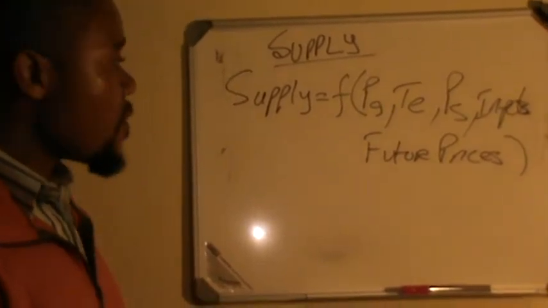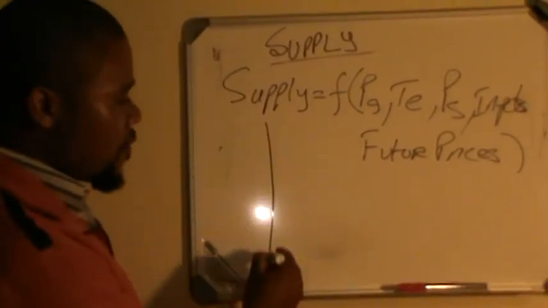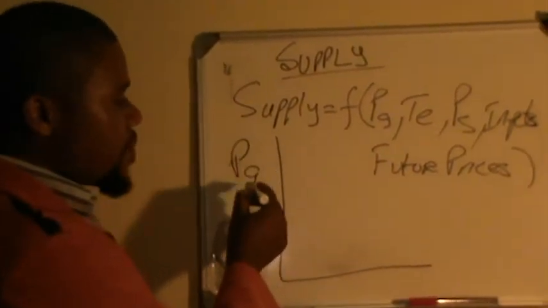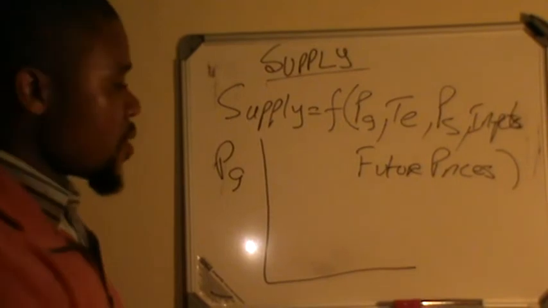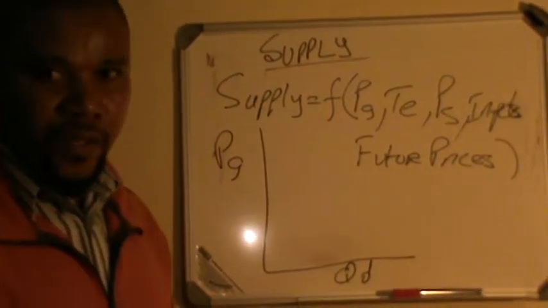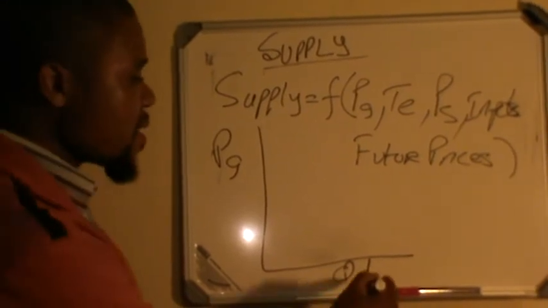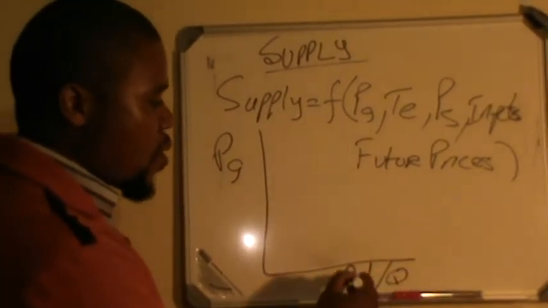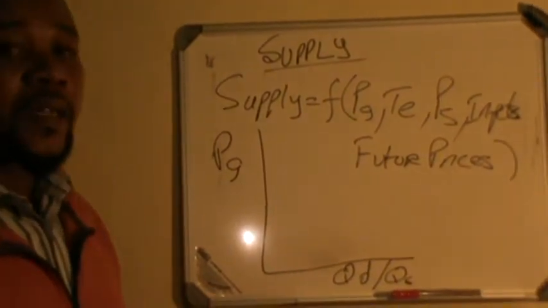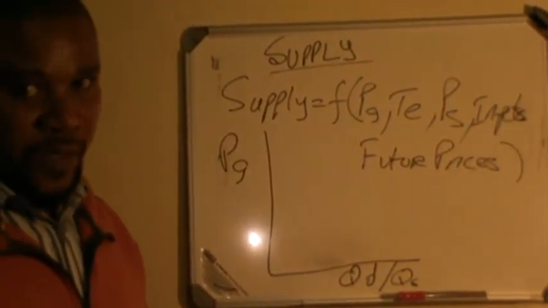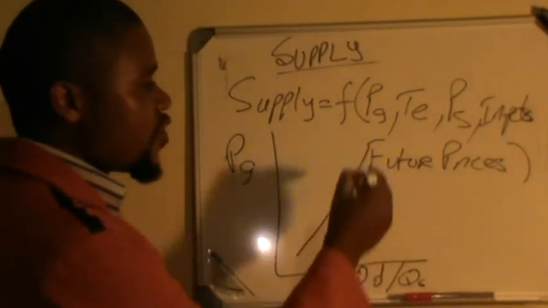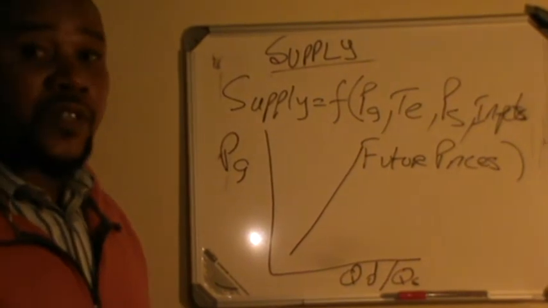Hence, the law of supply, like the law of demand, is based on the price of the good in question as well as the quantity of that particular good. In this case, it would be the quantity demanded and the quantity supplied. At market equilibrium, the two should be the same. In any case, the relationship would be a positive relationship.